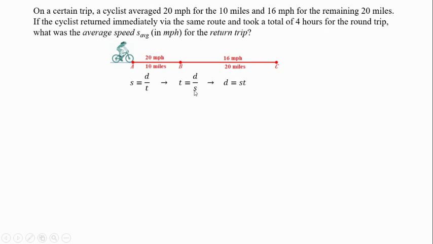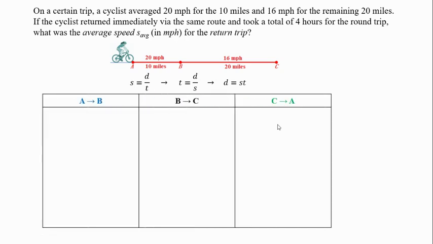And if a question asks you to solve for distance, in this middle function, if we solve for d by itself, you would multiply both sides by s. So distance would simply be speed times time. Really, the reason there are three equations is that they come from the same fundamental function, which is speed equals distance over time. So let's use these functions.